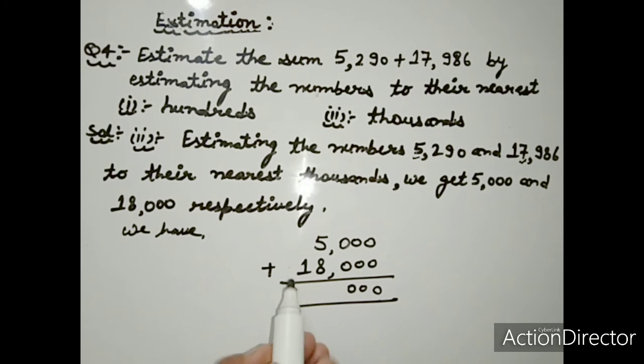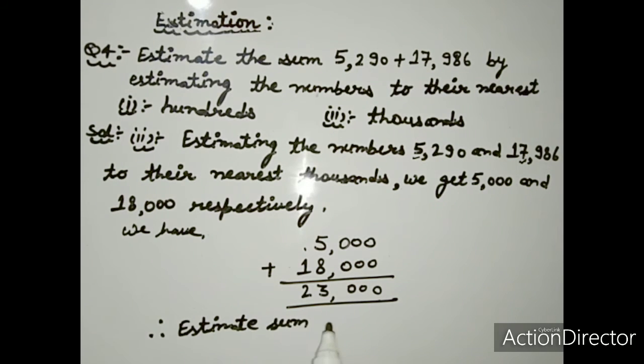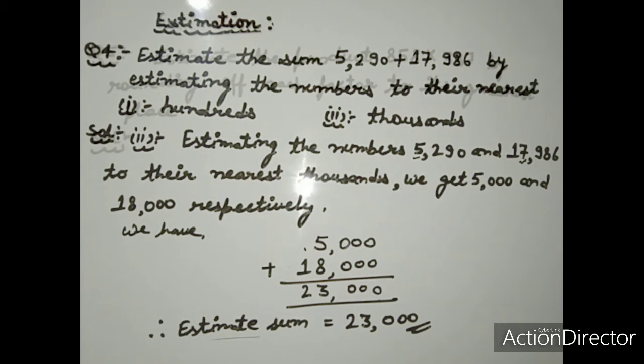Now 0 plus 0, 5 and 8 is 13, 3, 1 carry here and 1 plus 1 is 2, 23,000. So here we write estimated sum is equal to 23,000. So the estimated sum is equal to 23,000.